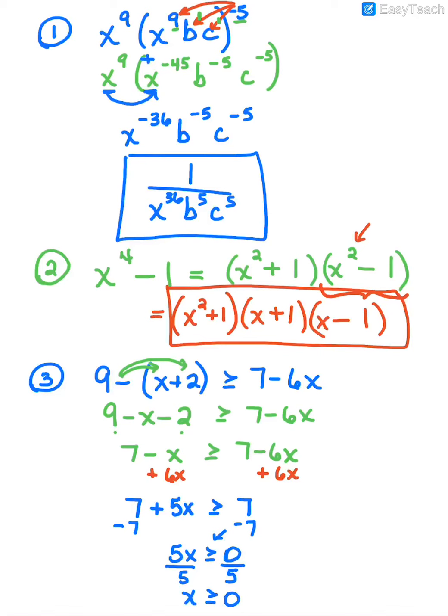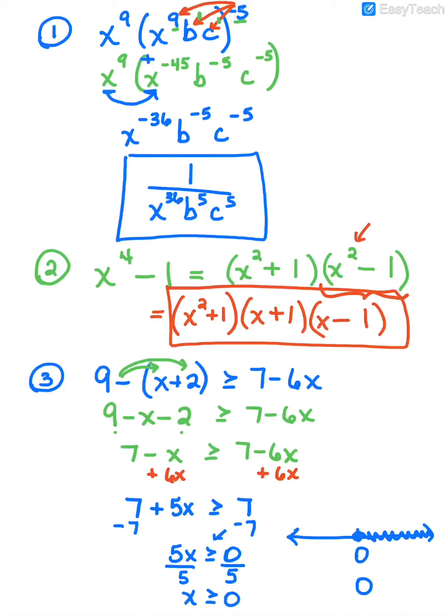Now, the problem is some of you expressed that as your answer. If I graph this answer on a number line, because x could equal 0, it would have a solid point, and greater than 0 would be shaded to the right. And so we would describe this in interval notation as the graph starts at 0.